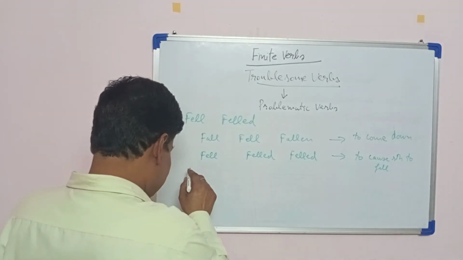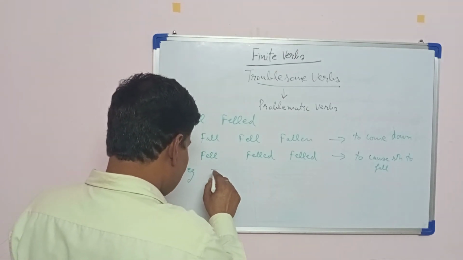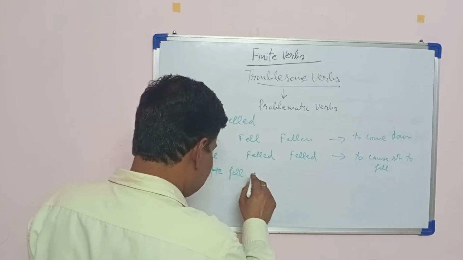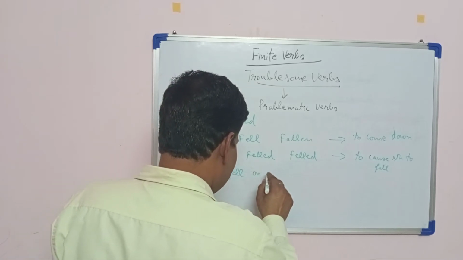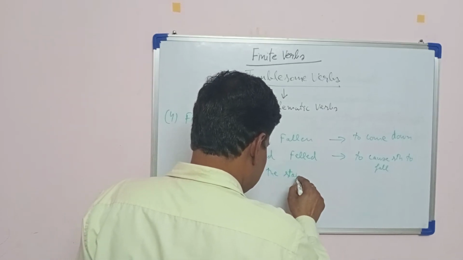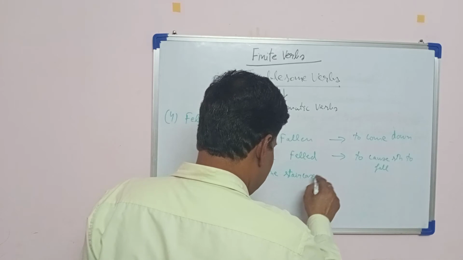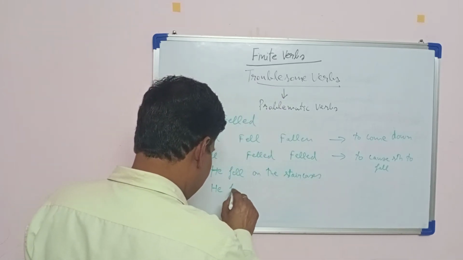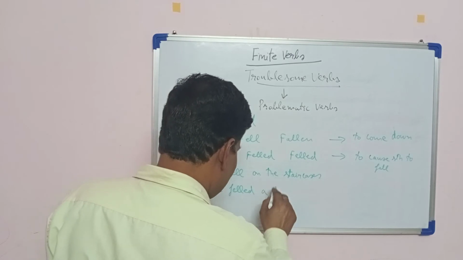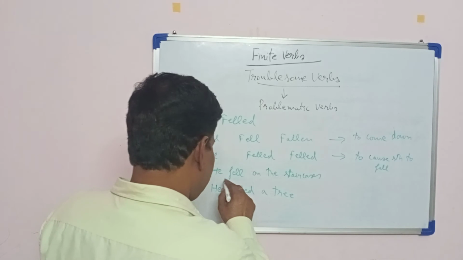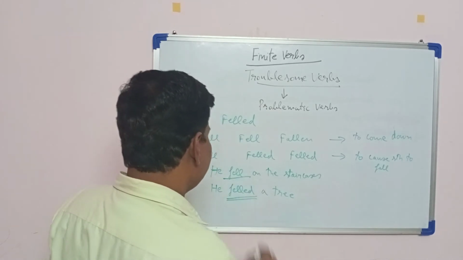Example: He fell on the staircases. He felled a tree. He fell on the staircases. He felled a tree.